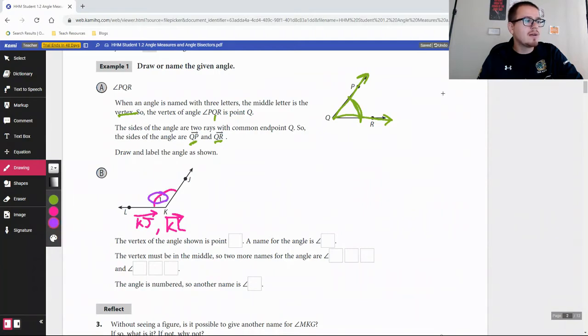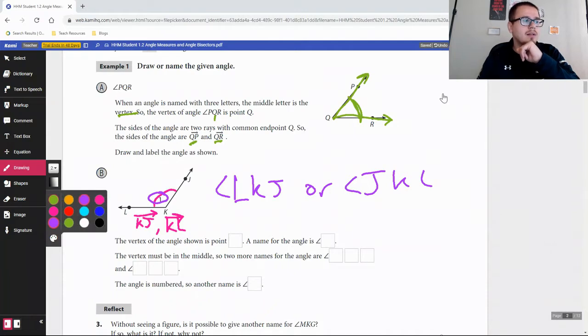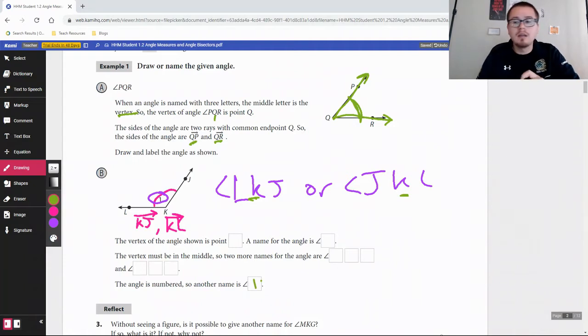So there's two ways to name it, and you can name it with the letters as long as you make sure that it's going to be L, K, J, or it's going to be J, K, L. And why is K in the middle on both of them? Because K is the vertex. Make sure your middle letter always corresponds to the vertex. And because the angle has a number on it, that can also be its name. And that's really what these little boxes were for. So if you have any questions, make sure you ask them. Let's keep it moving though.